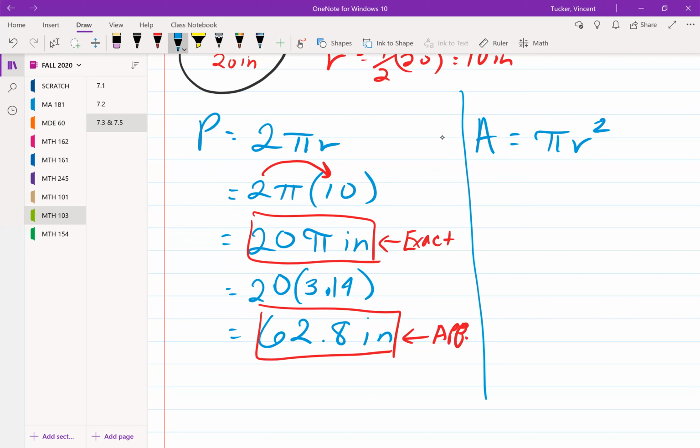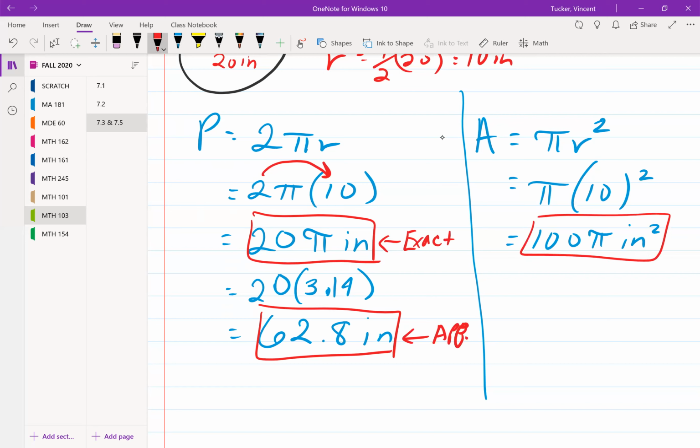All right, so for the area, we're going to flow with the same thought process of doing our substitution, then our simplifying and calculation, where we have pi times 10 squared. That is 100 pi. And don't forget, area is in inches squared. That will be your exact answer for your area, 100 pi.